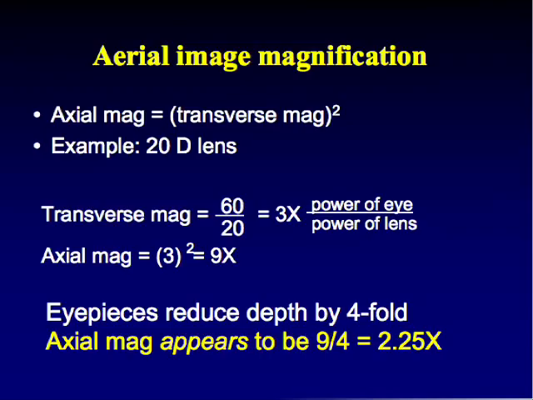But then, remember what I just said, the eyepieces reduce your appearance of that depth by 4-fold, so the axial elevation actually appears to be 9 divided by 4, or 2.25x. So this nevus that you're looking at in the eye is 3 times across, but 2.25 times bigger. So there's a little bit of flattening or depth distortion that occurs.